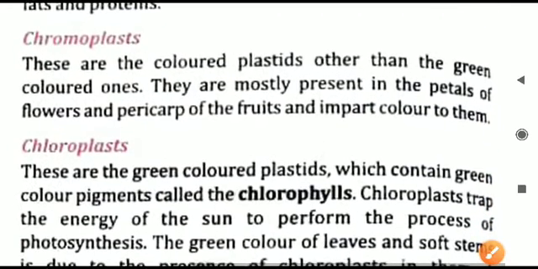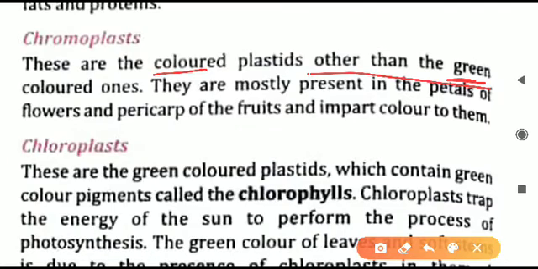Next is the chromoplast. These are colored ones, with all the colors other than green. Different parts of the plants have different colors other than green. Whatever color is seen in the plant is due to chromoplasts. Most of all in the flowers, the petals of the flowers are brightly colored. Different colors of flowers are there. All those colors are because of the chromoplasts which are present.